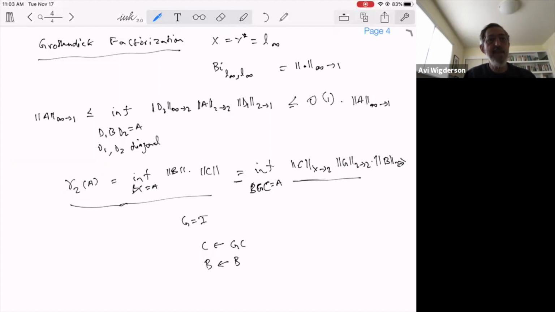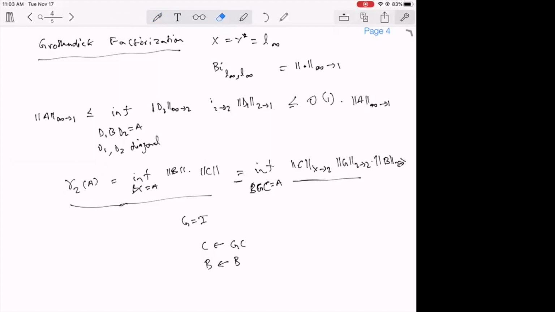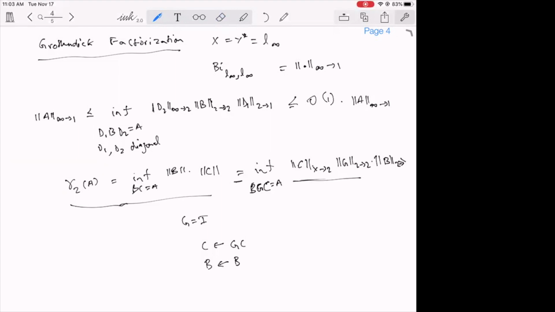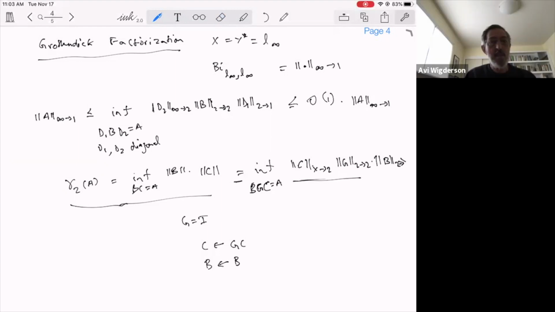There should be a B in the Grothendieck inequality in the middle, right? Yeah, sorry. So if you take, in your notation, B to be D2 times B, yeah, that's correct. Then we get the normal definition of gamma 2 of A.